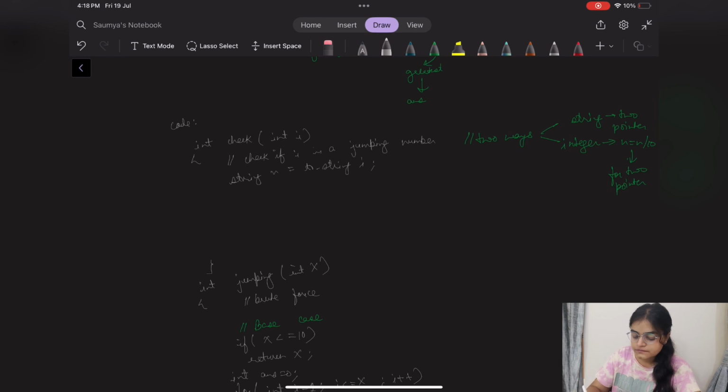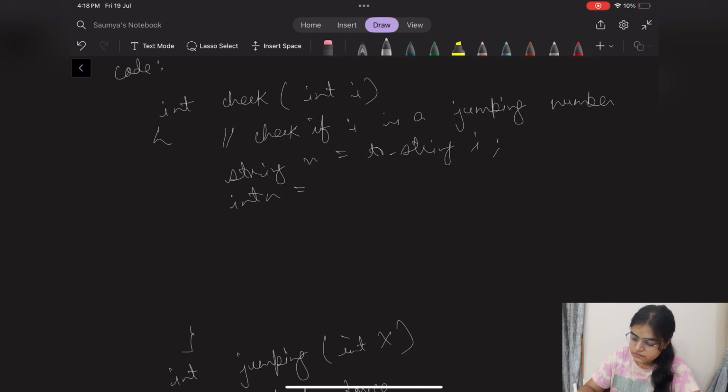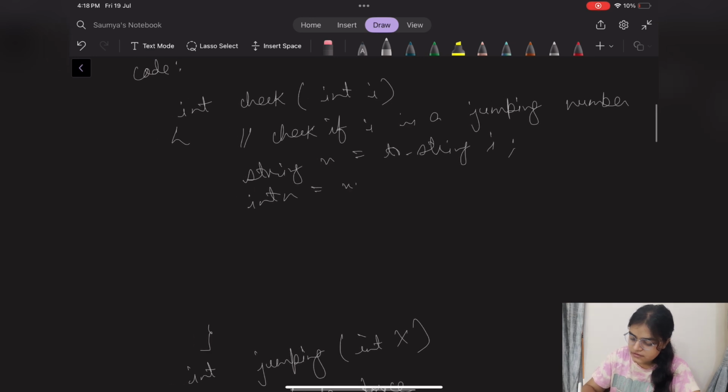Now what I'll do: int n equals x dot length, right?